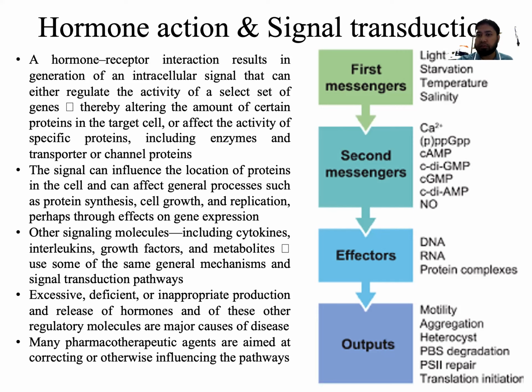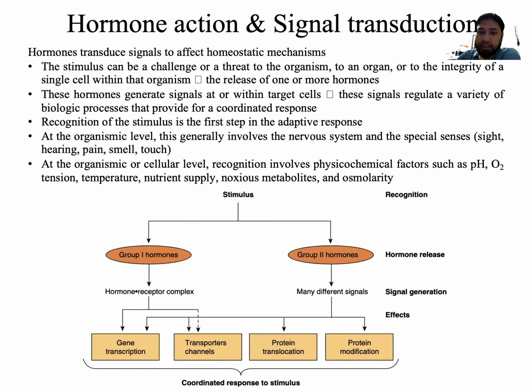We start with the first messenger, second messenger, and after that it goes into the nucleus, where you can find the DNA transcribed to RNA, RNA translated into protein, and protein gives the output. It decides what the cells or the body are going to do. So these are the multiple steps that we have for signal transduction.